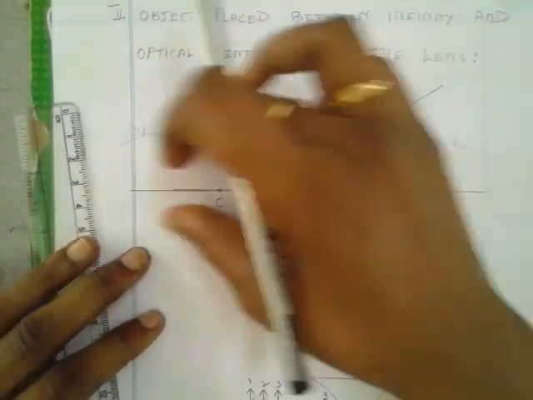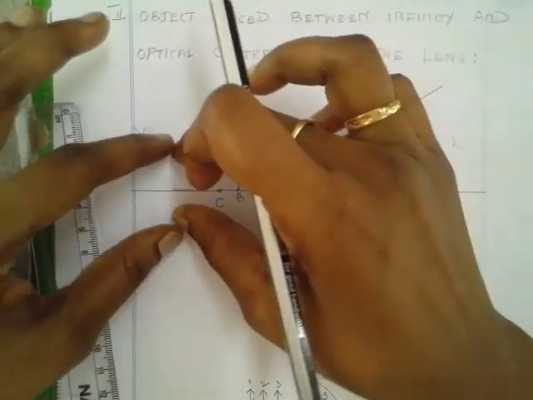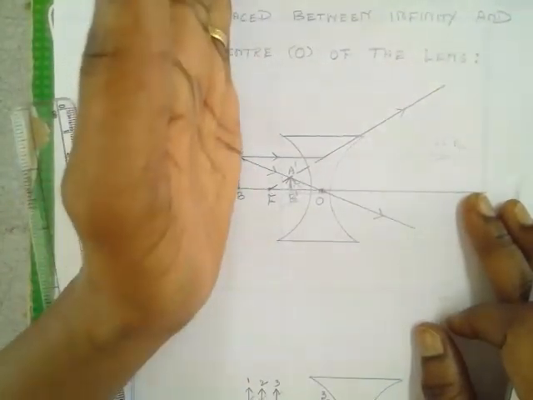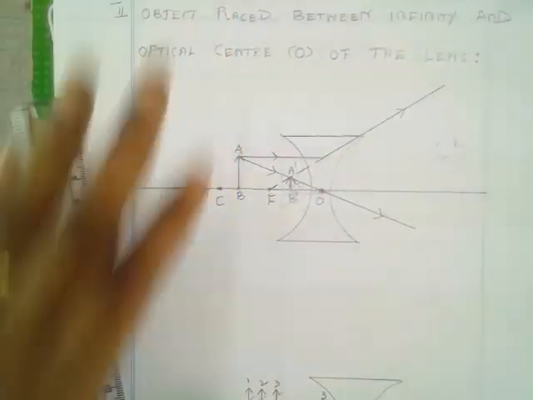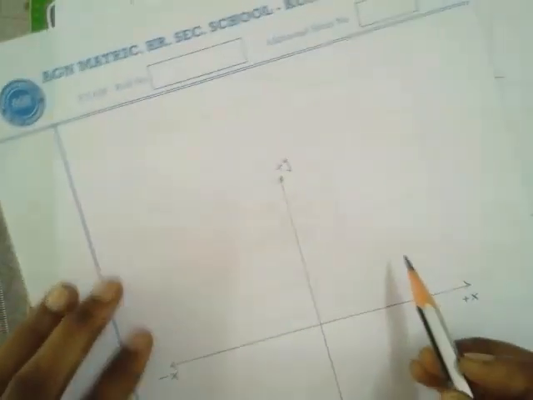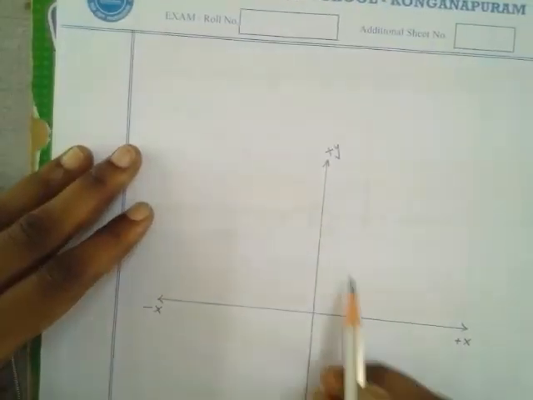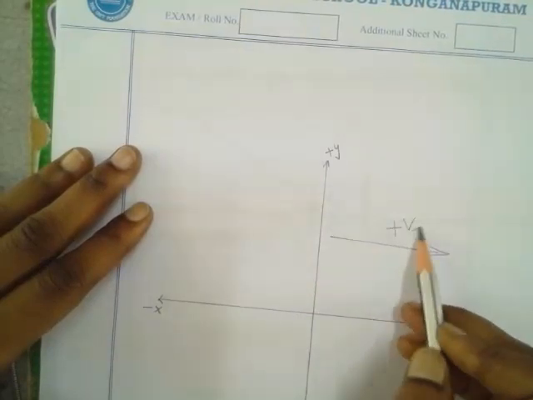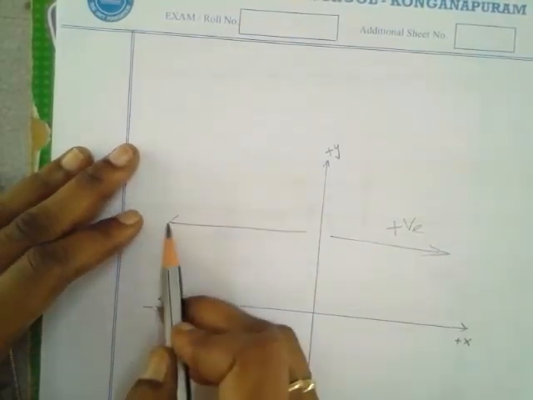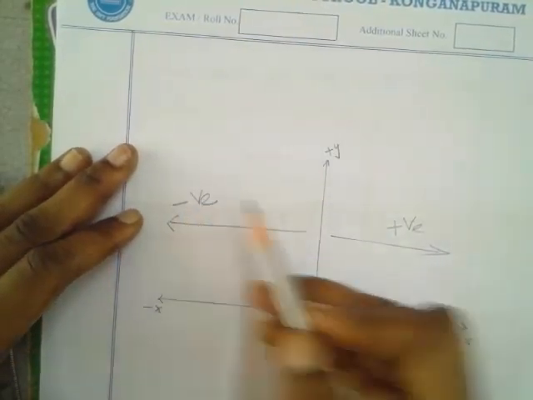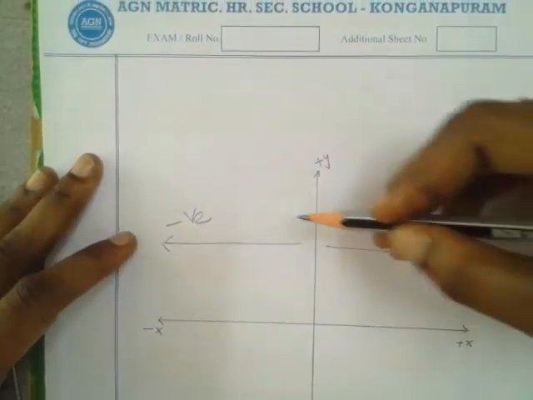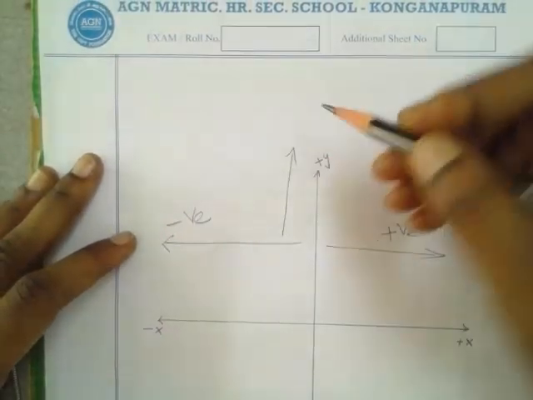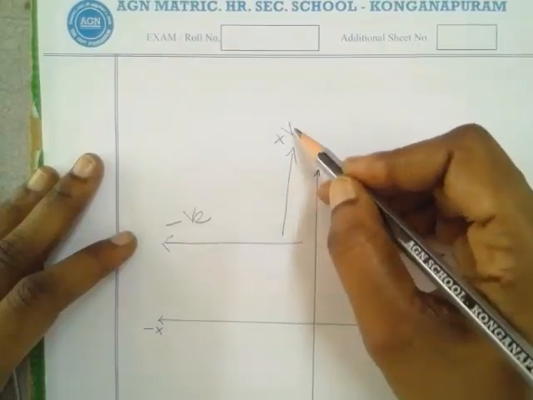This is the principal axis. In Cartesian coordinates, the measurement along plus x means the value will be positive, and along minus x the value will be negative, and the measurement along plus y means the value considered will be positive.